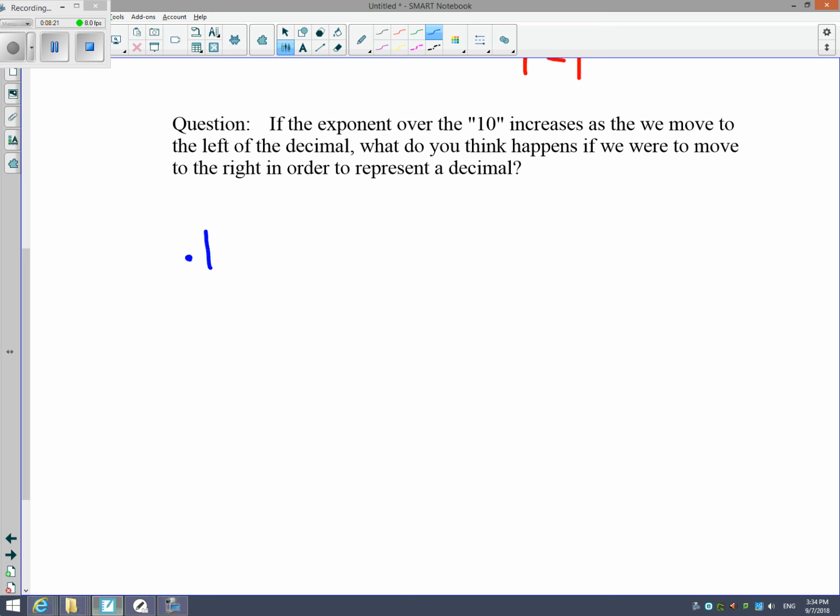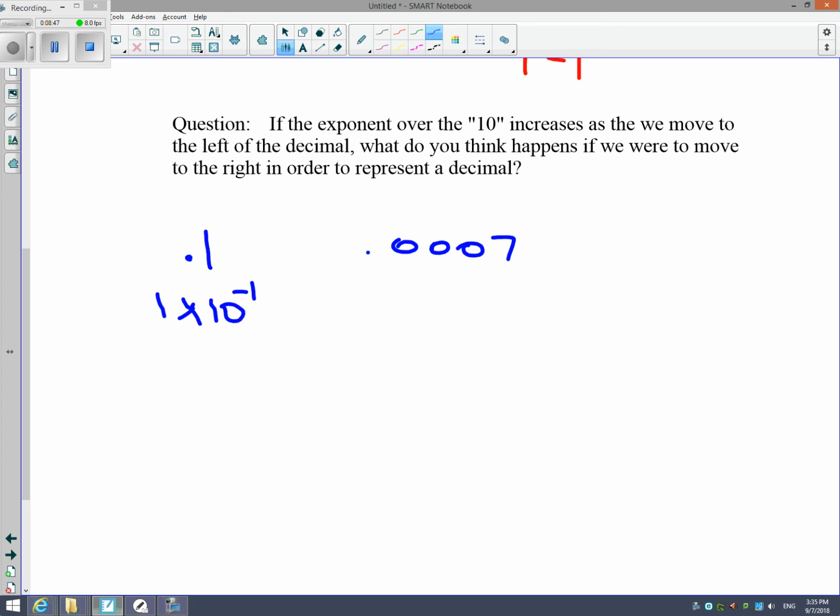So then we started talking about numbers like decimal 0.1, because that would be our first column to the right of the decimal. If we were going to write that in exponential notation, it would be 1 times 10 to the negative 1. If we started to get into something larger, like decimal 0.0007, we would have, oh, and I got to put a number down there, 7.